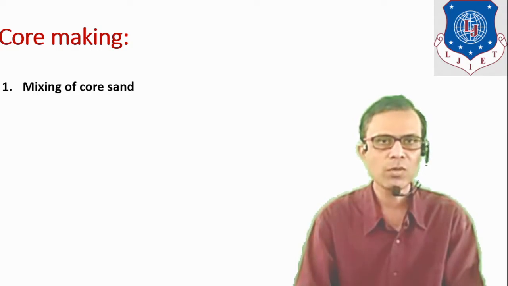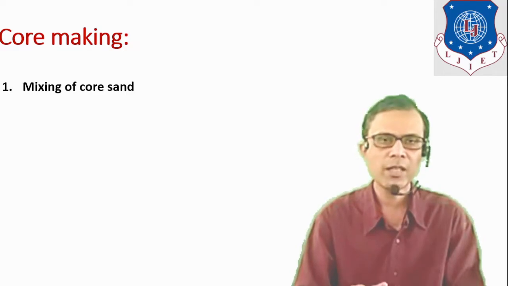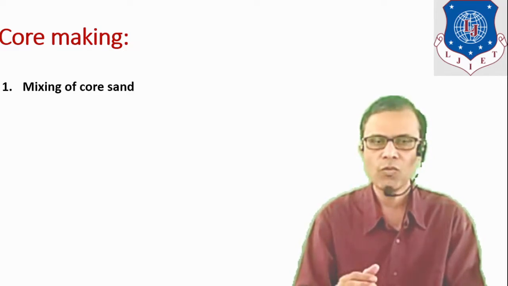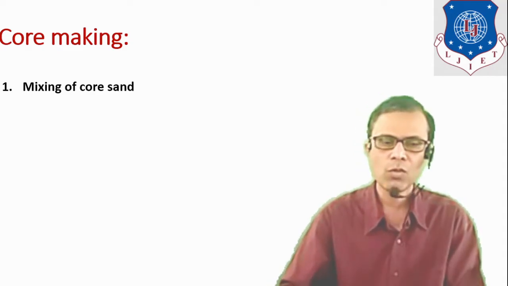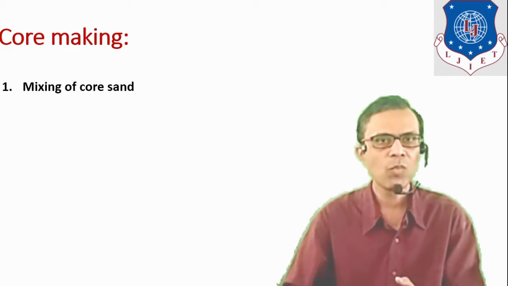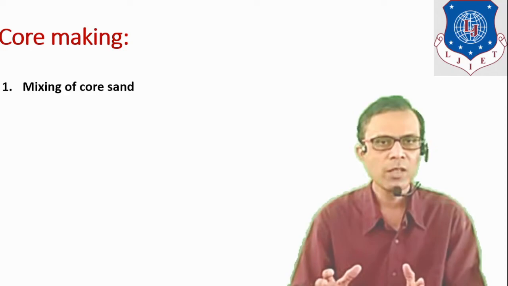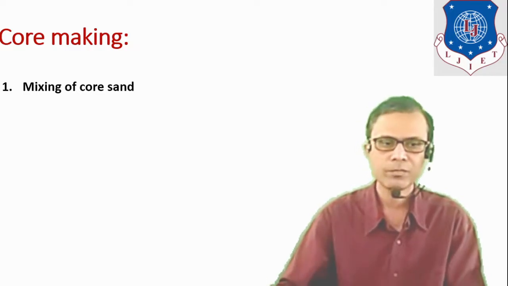Permeability is helpful to remove the entrapped gases, and refractoriness is necessary to withstand the high temperature of molten metal, because the core always remains in contact with molten metal which will be at high temperature. So the core is always subjected to some thermal stresses, so it should be able to withstand all those thermal stresses. That's why refractoriness is necessary.